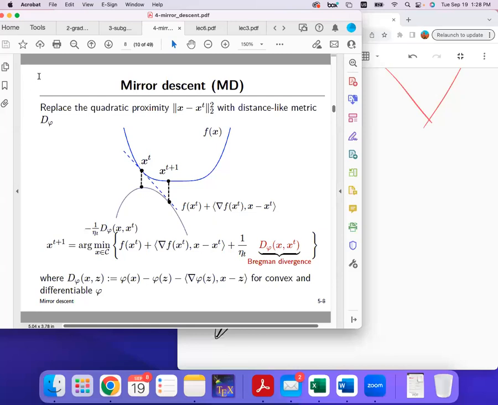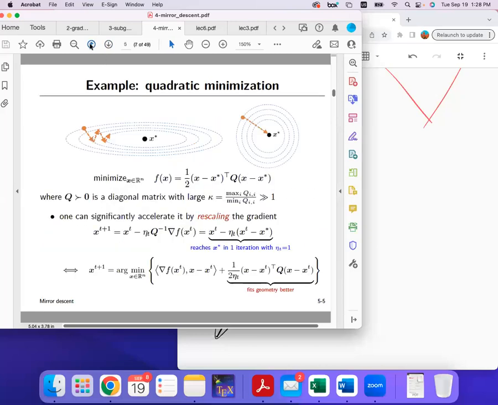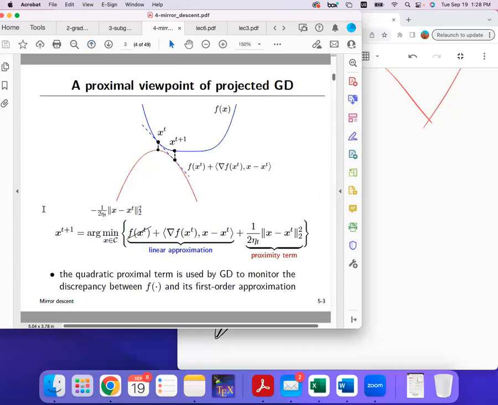Now let's look at this mirror descent framework. The update rule is based on what we have shown before. It is a very straightforward generalization of gradient descent. Now let's go back to this projected gradient descent update.